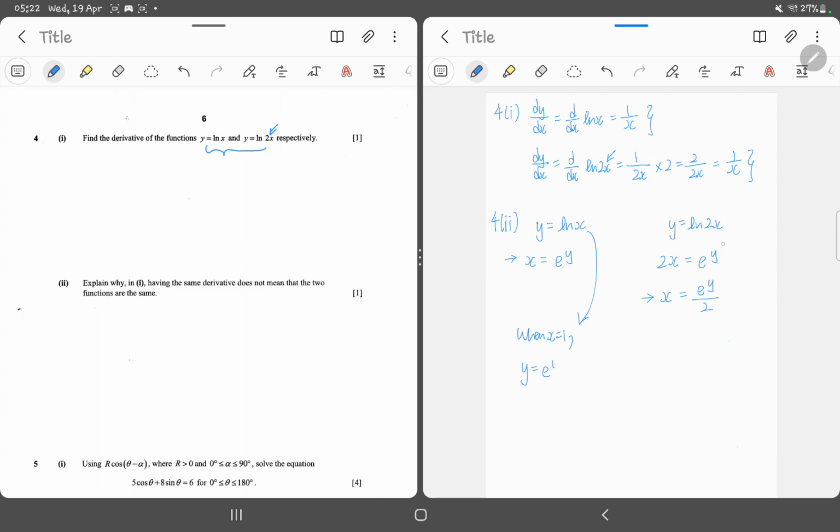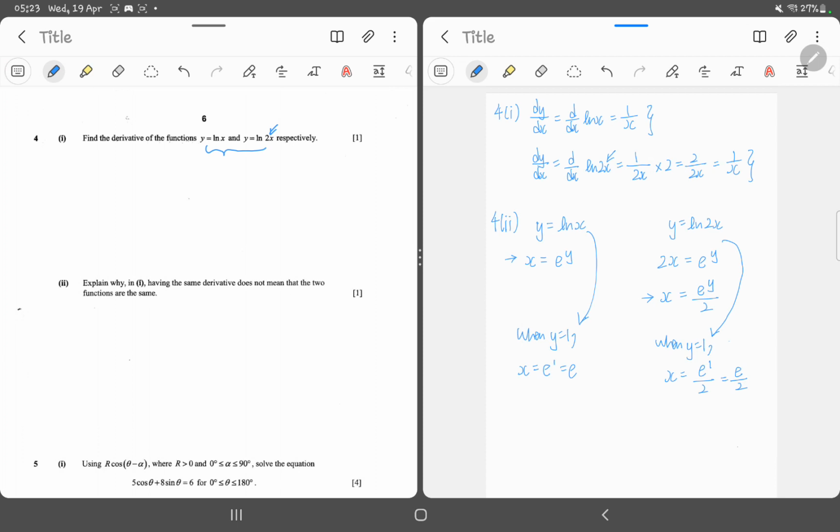Okay, and for this function, when y equals 1, x will be equal to e to the power of 1, which is e, and over here when y equals 1, x will be equal to e to the power of 1 over 2, and this is e over 2.